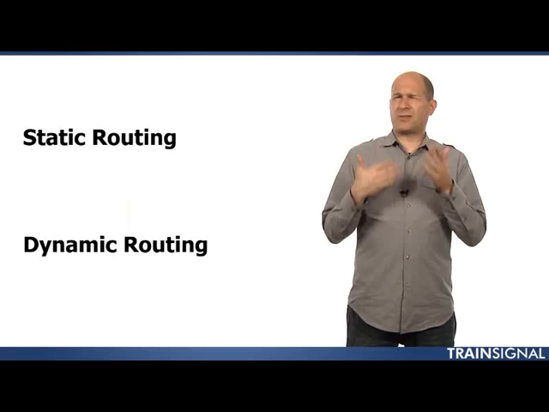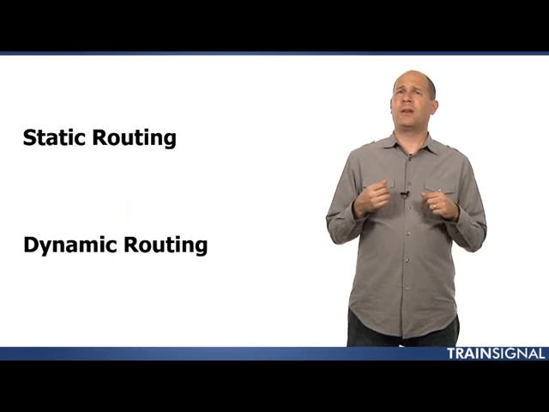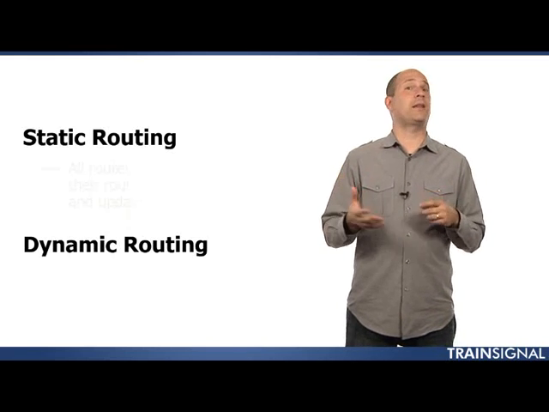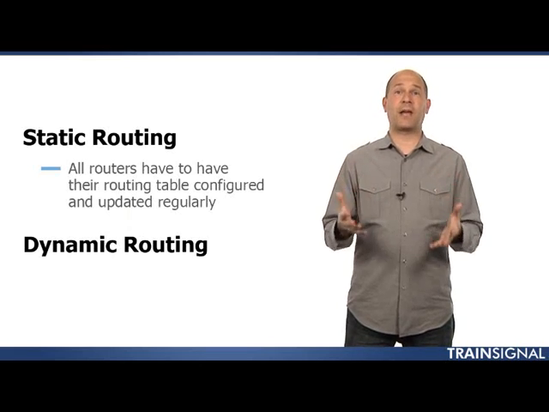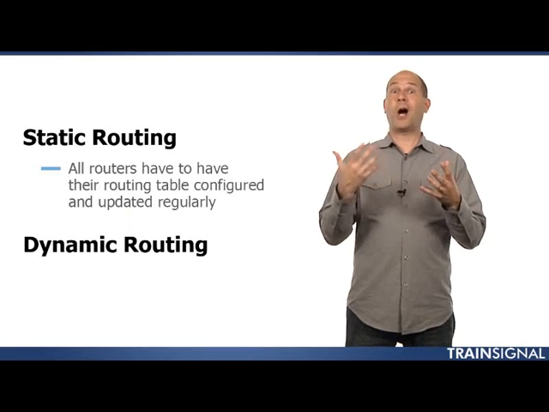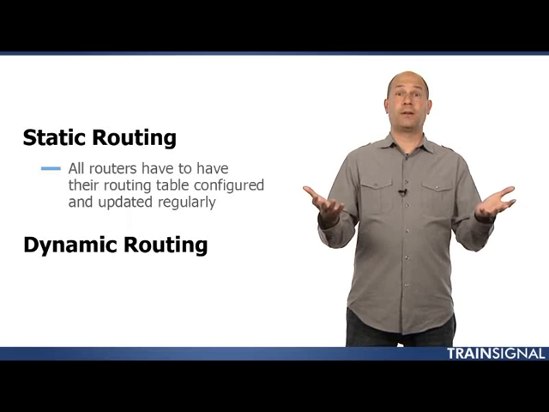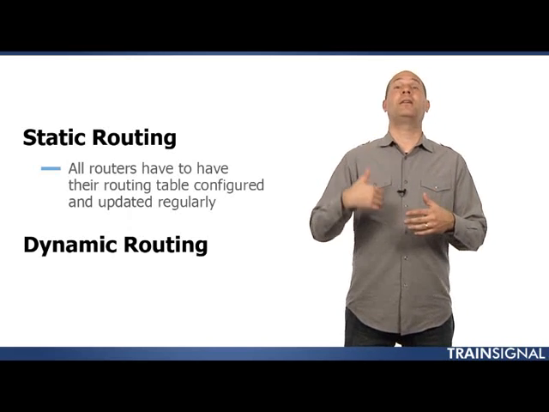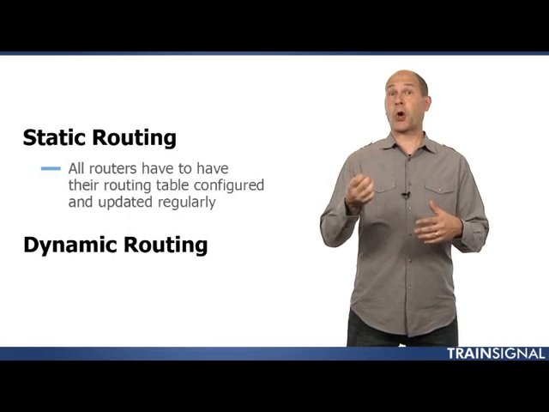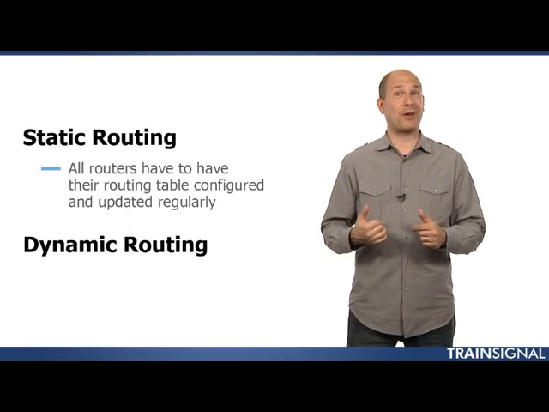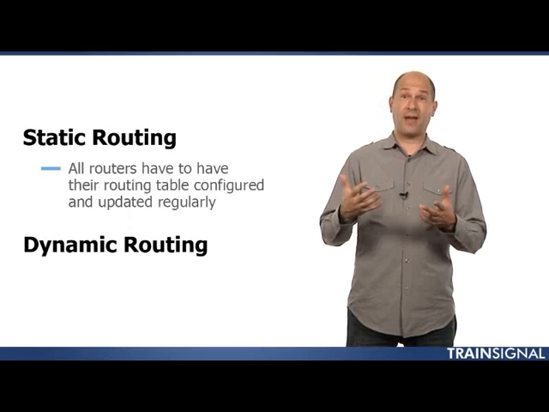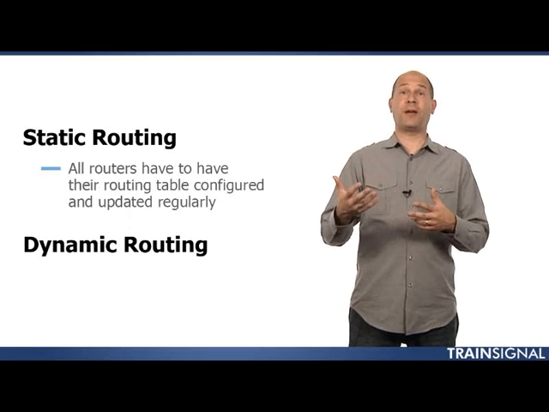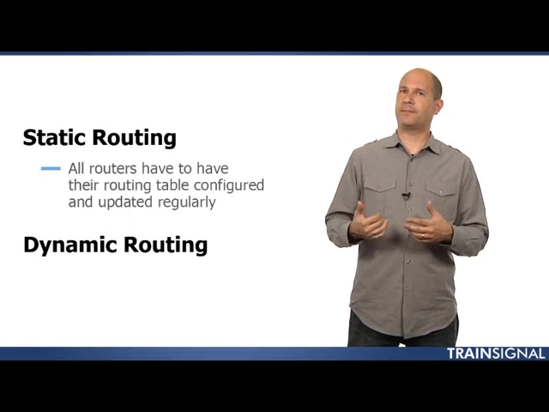Static routing means that the routers are going to have their routing tables configured and updated manually, meaning you literally have to go in there and modify, well, I shouldn't even just say modify. You start off configuring those routing tables on a router, and then when there's a change that needs to be made, you go in there and modify them.